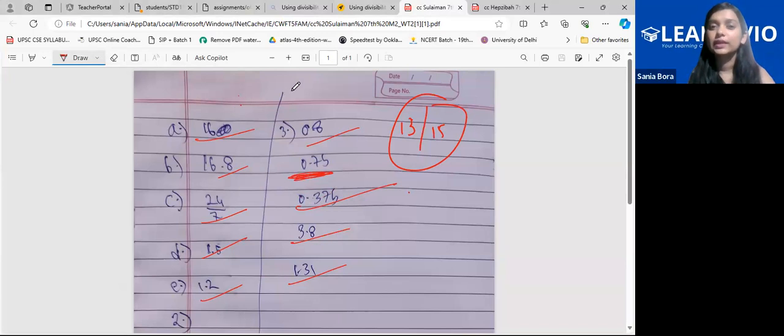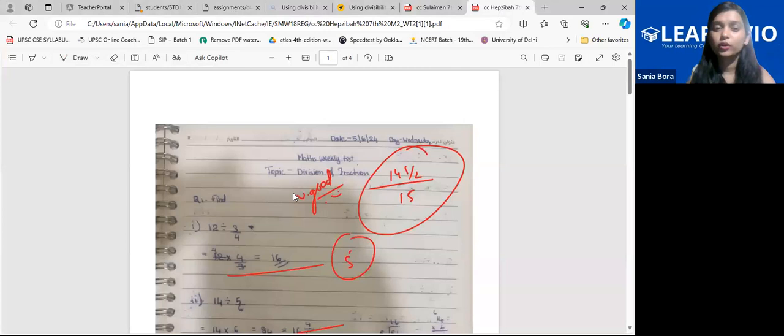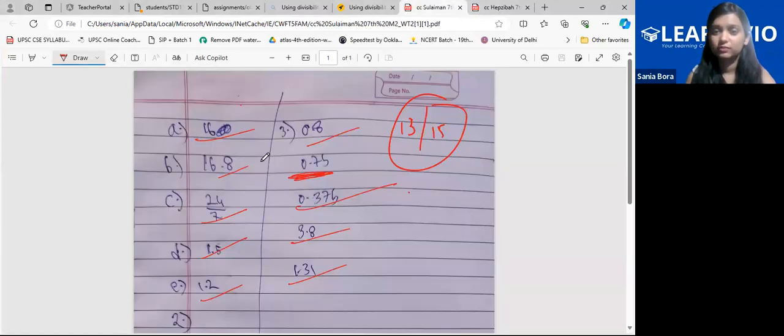The question was dividing the fractions. Yes or no? So why are you getting the answers in decimal?